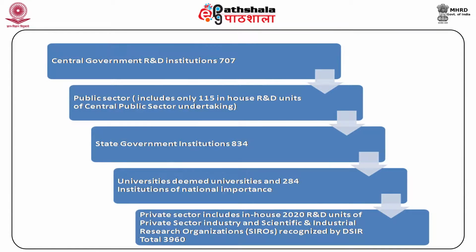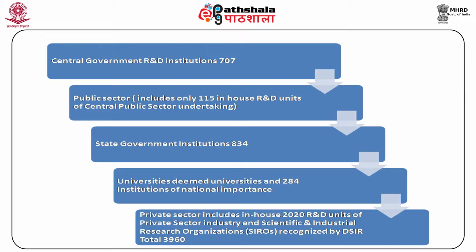Number 1, Central Government R&D institutions, 707. Public sector includes only 115 in-house R&D units of central public sector undertakings. Next, state government institutions, which are 834, universities, deemed universities, and 284 institutions of national prominence and importance.